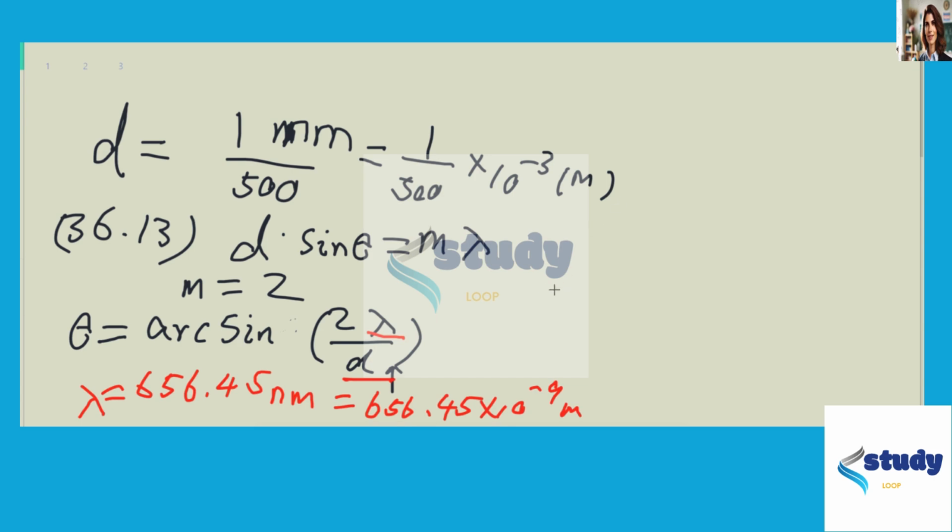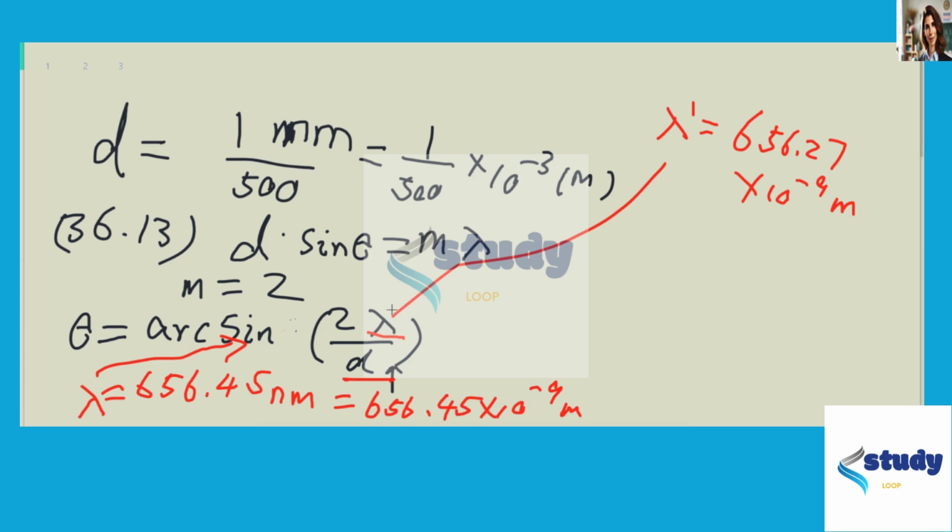And we also have lambda prime equals 656.27 times 10 to the minus 9 meters. So we just plug in lambda or lambda prime here.